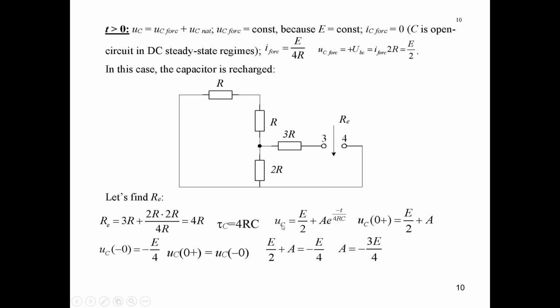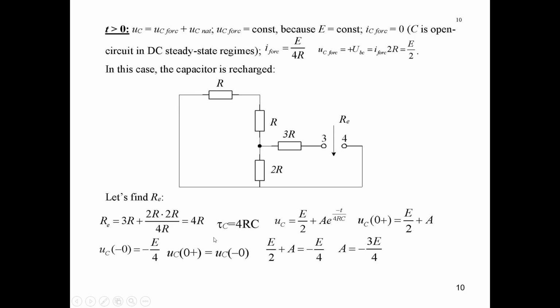So we can write down that UC, you mean for t greater than 0, will be equal to E over 2, its forced component, plus A, the integration constant, multiplied by exponential of minus t over 4RC, where 4RC is tau C. Then we should just apply the second Kirchhoff law to determine this integration constant. You see UC from plus 0 will be equal to E over 2 plus this item for t equal to 0, it will be just A, okay?